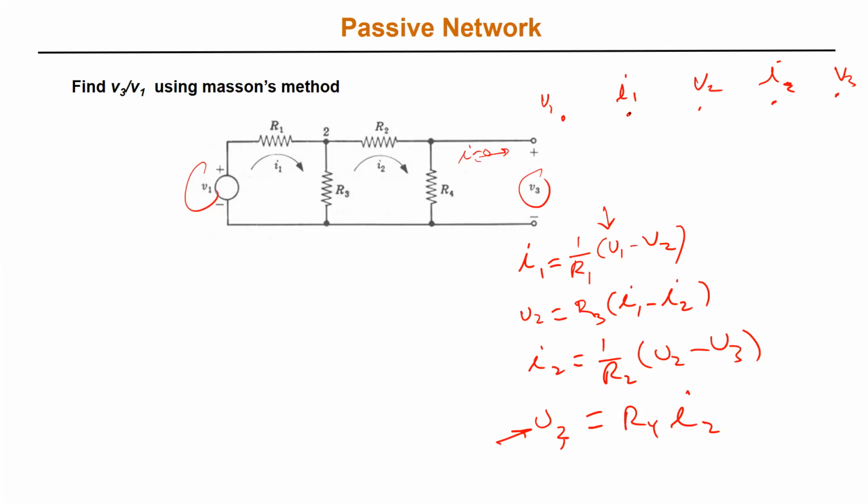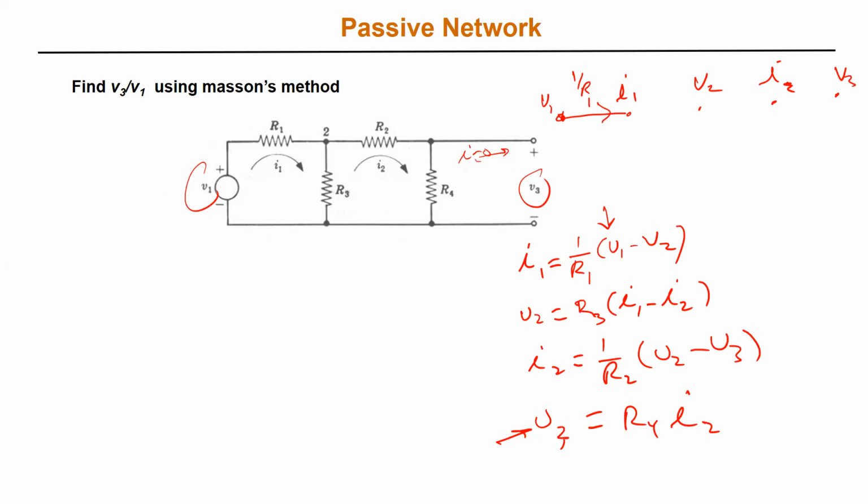So what's I1? If I want to have the signal flow graph, what do I put in here? Multiply by 1 over R1. This is what we call a source node.